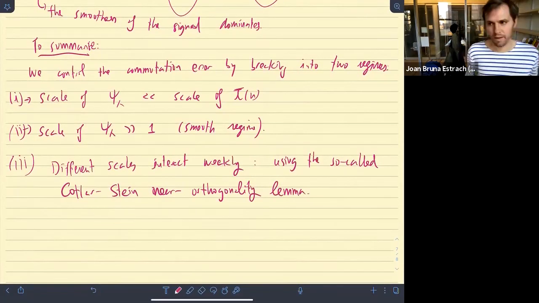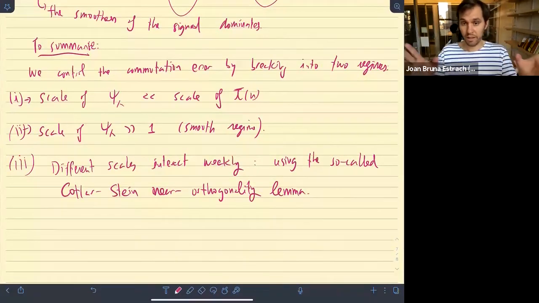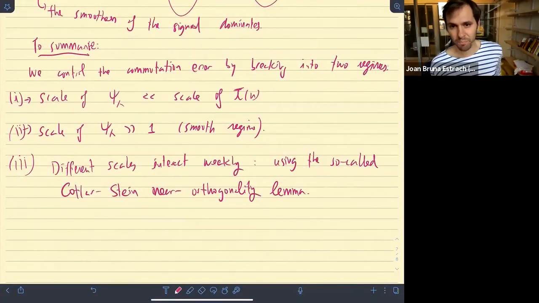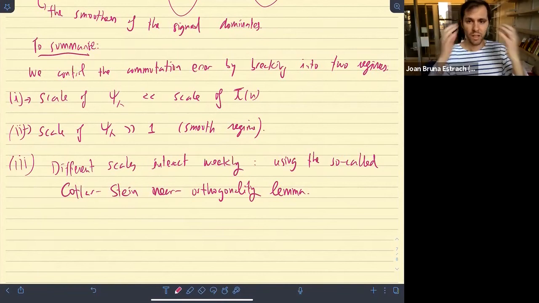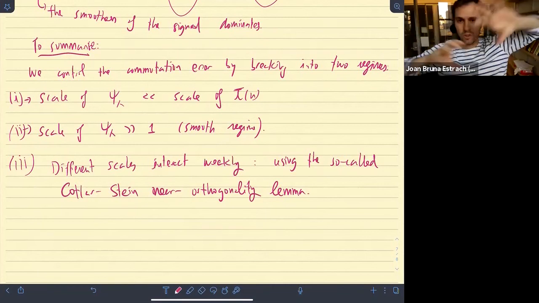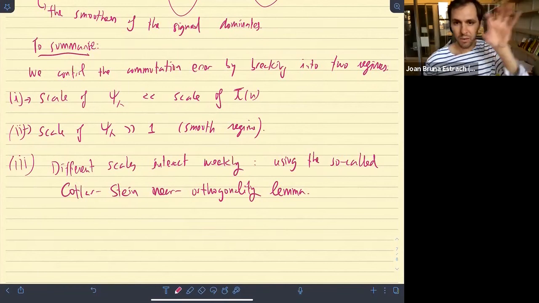So this is a pretty sophisticated technique from harmonic analysis that says that when I have an operator that is composed of different operators, if I want to look at the norm of the joint operator, I can bound it in terms of individual norms.